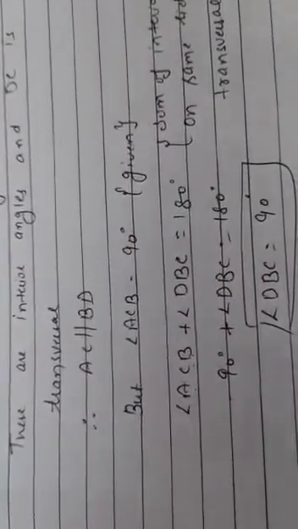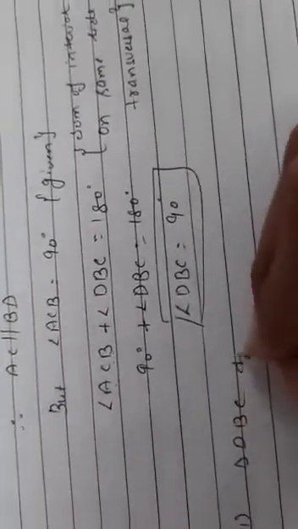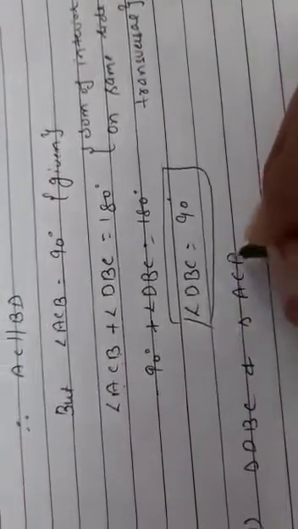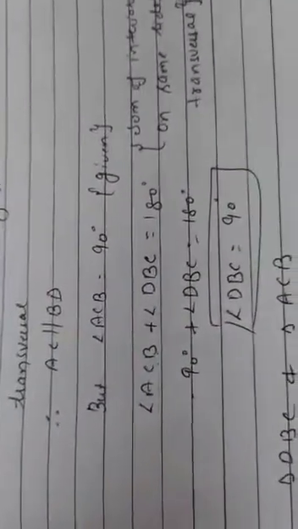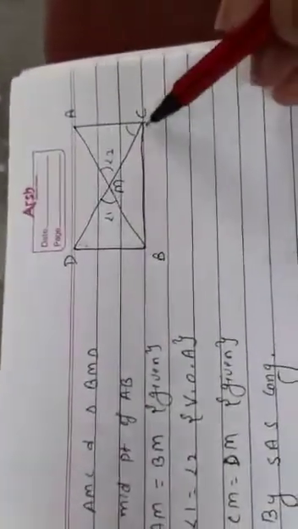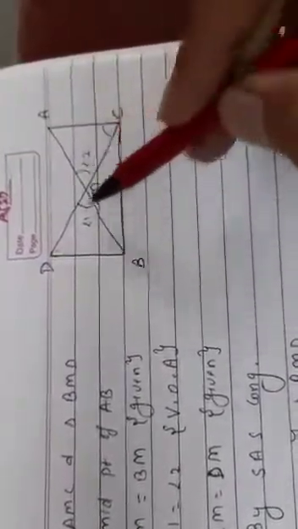In the third part, we have to take triangle DBC and triangle ACB. Which is triangle DBC? See here, DBC, ACB. These two triangles, we have to take this full and this full.